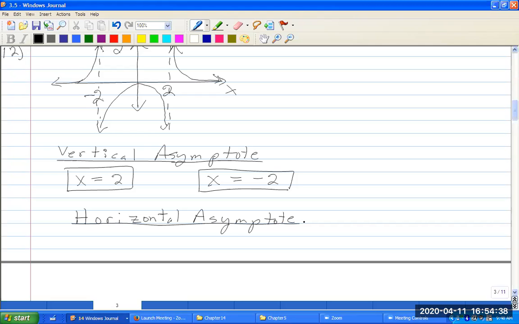So a horizontal, just like a vertical asymptote was a vertical line, a horizontal asymptote is a horizontal line. Well, what horizontal line do these approach as x goes to either plus infinity or minus infinity? Well, it approaches the x-axis. And so it approaches the horizontal line, y equals 0.